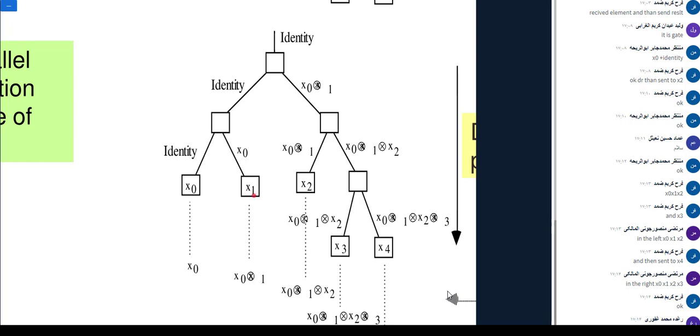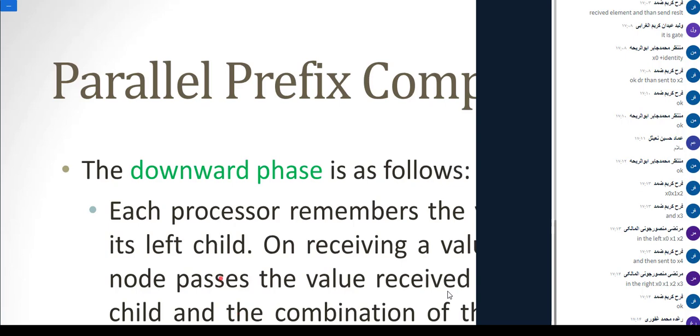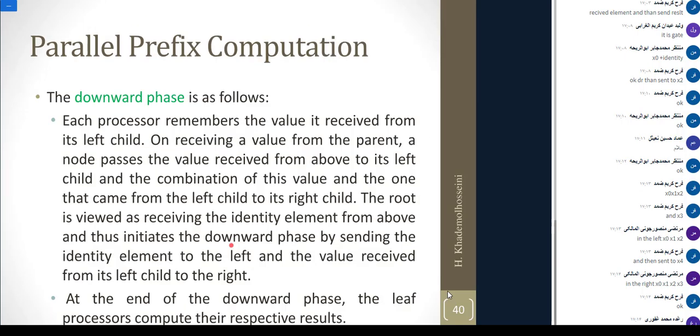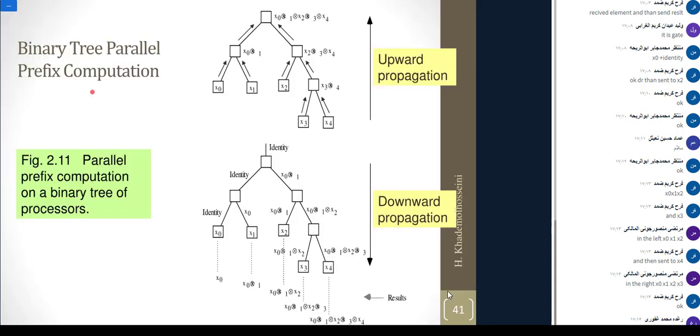The prefixes which are related to each leaf. So at the end, each leaf, as we said here, at the end of the downward phase, the leaf processors compute their respective results. How?